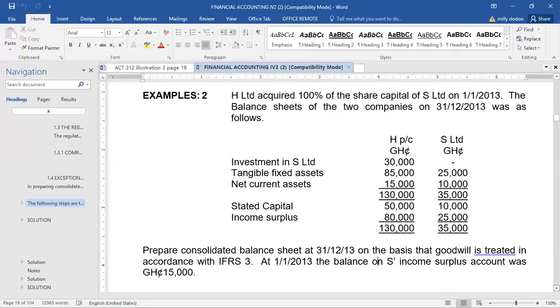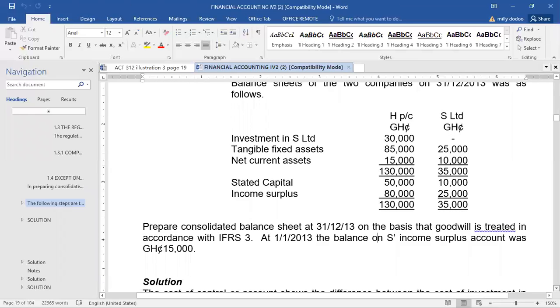You have the intangible fixed assets, the investment, the net current assets, the stated capital, then the income surplus. Now, in dealing with questions like this, the preamble and the footnotes are critical to your understanding of the question. Whatever they say in the preamble and in the footnote is very, very important.